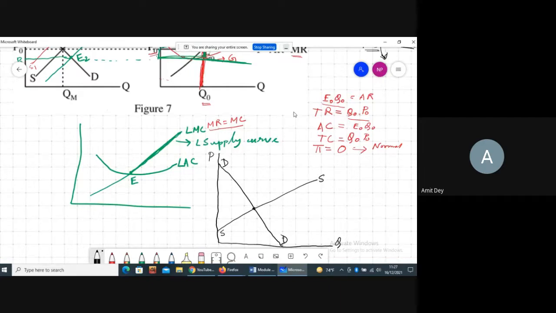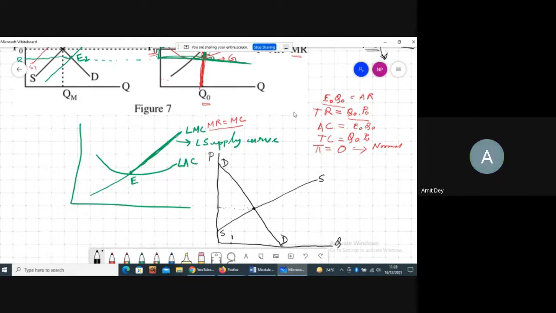Yes, but we have to define it properly. Consumer surplus, basically, this is the demand curve. So from the demand curve, we can say if the consumer wants to purchase this one unit, then how much the consumer is willing to pay.